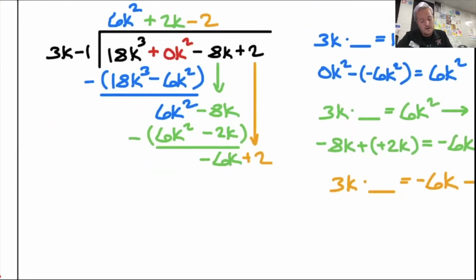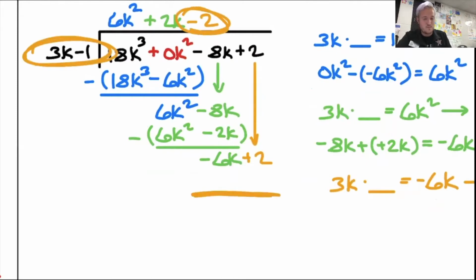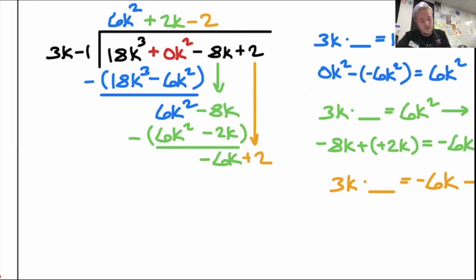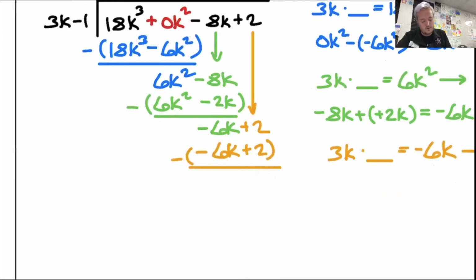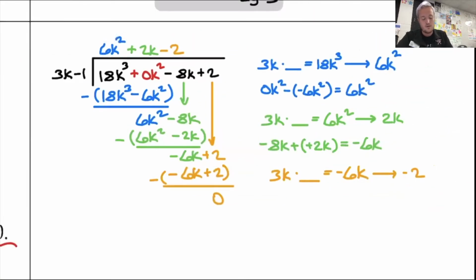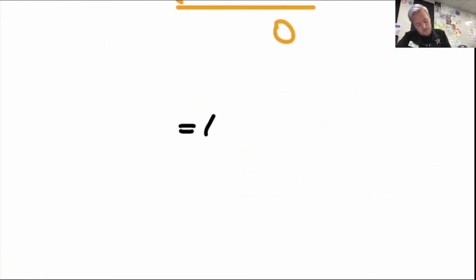Now I'm going to do negative 2 times 3k minus 1, and I'm going to write it underneath right here. Negative 2 times 3k gives you negative 6k. The negative 2 times negative 1 gives you positive 2. Notice how we have the exact same binomial minus that exact same binomial, which means we're going to have a remainder of 0. So your final answer here is 6k squared plus 2k minus 2.